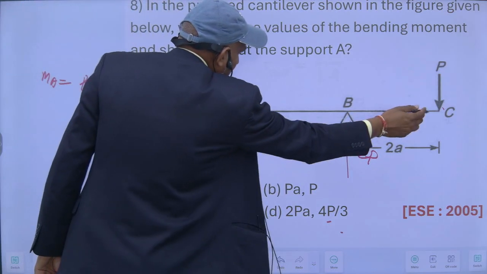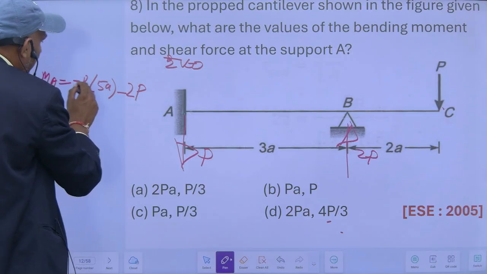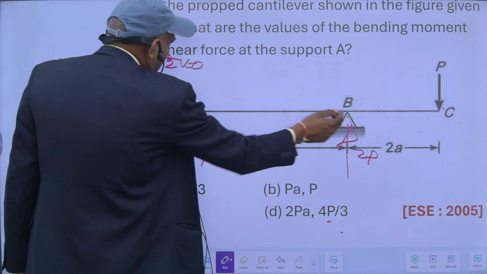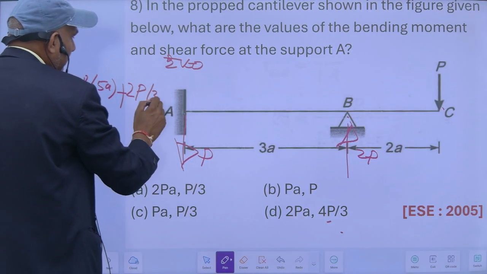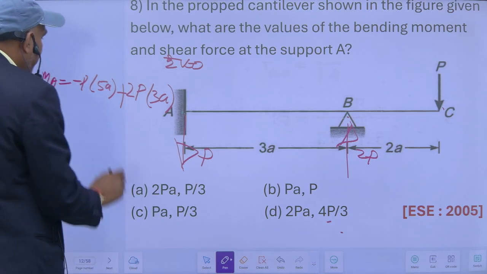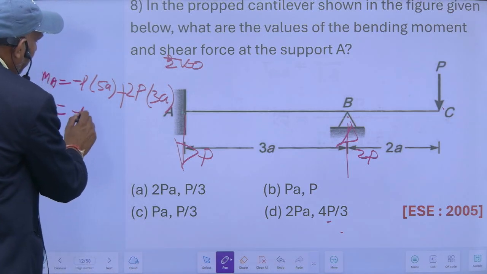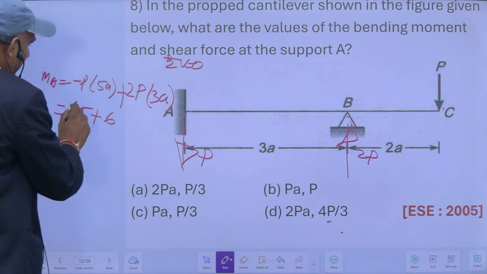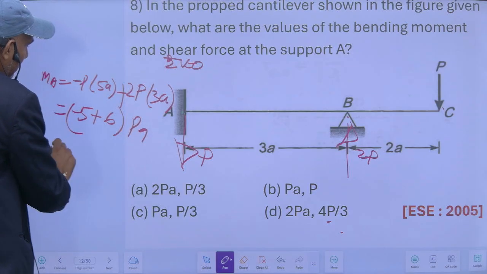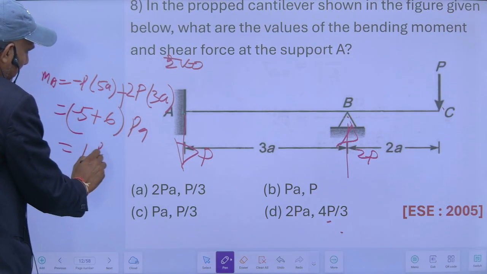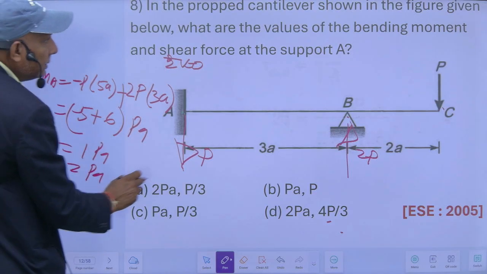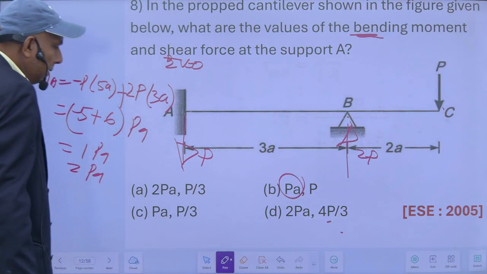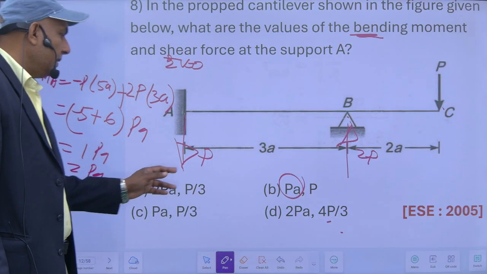If I say this is hogging, I can take minus, and this will be positive. So 2P into 3a is sagging. This will be minus 5 and this will be plus 6 into Pa. So this will be 1 Pa. So bending moment will be Pa, and shear force will be equal to the reaction at this point.